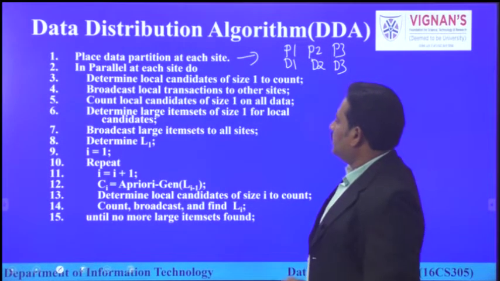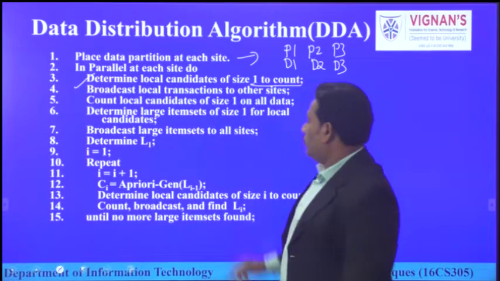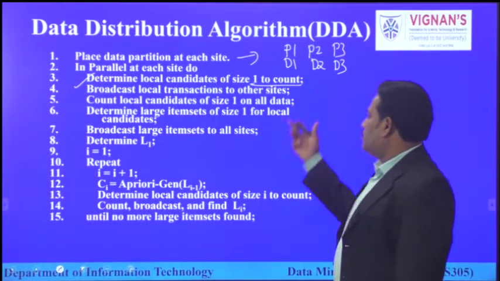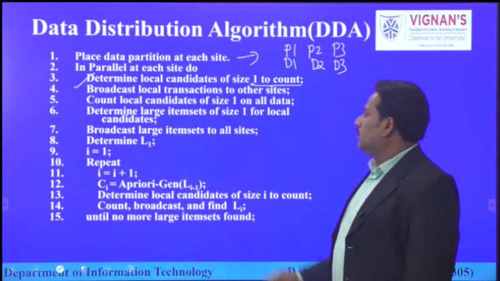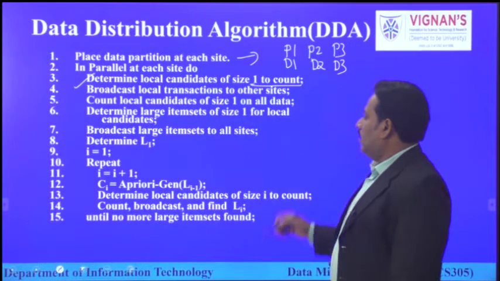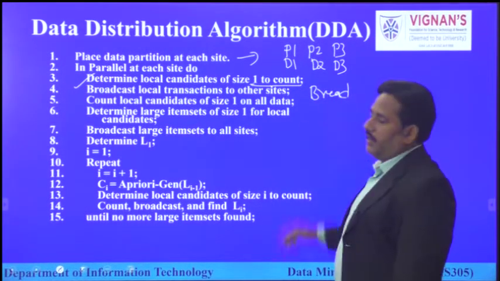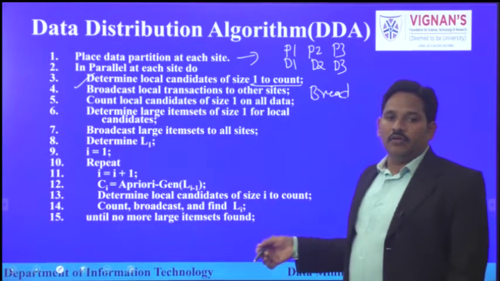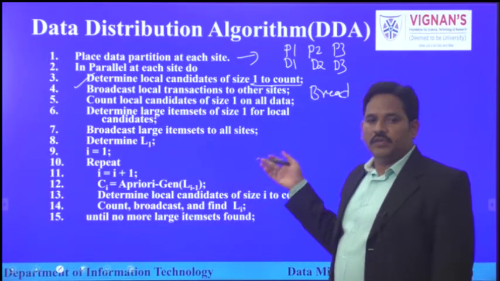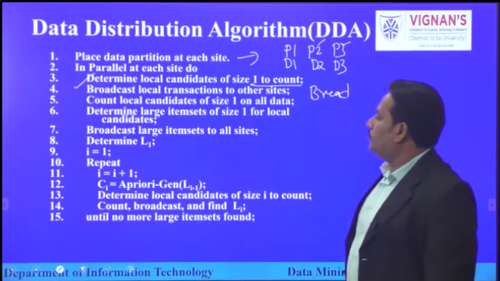Now determine the local candidates of size 1 to count 1, and broadcast local transactions to the other sites. Like in partition one, we take bread. Let us assume the bread count is 0. The count is communicated to the remaining two partitions, P2 and P3.